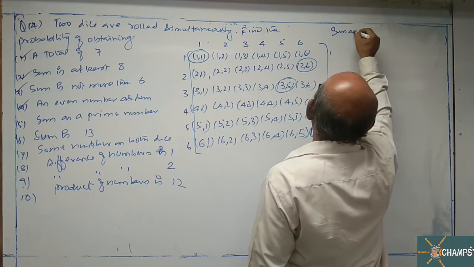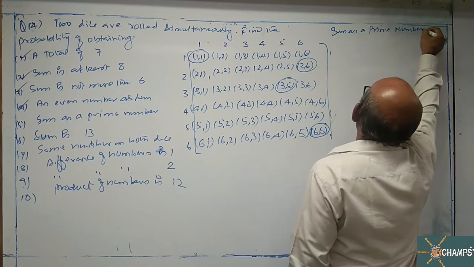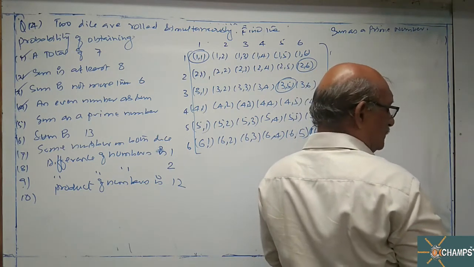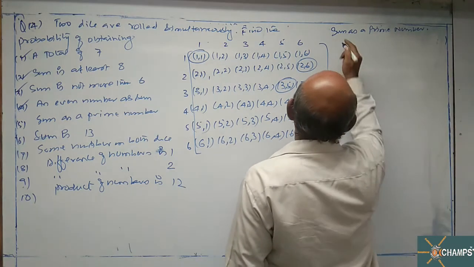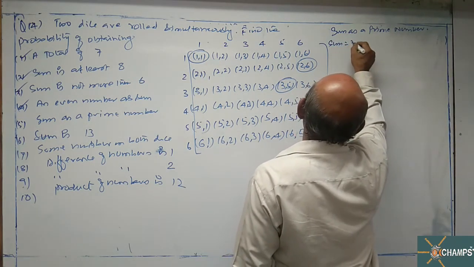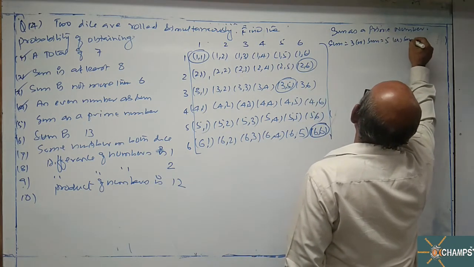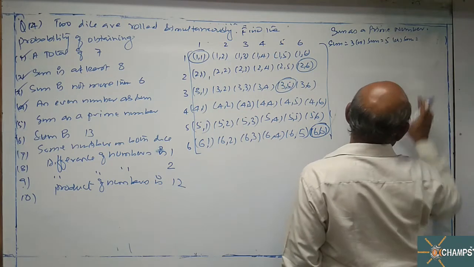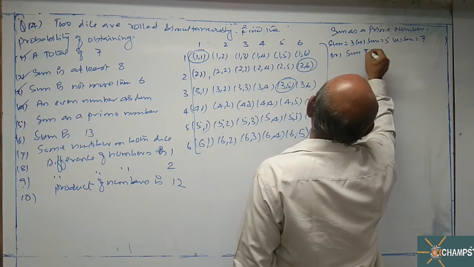Sum as a prime number. It means sum is equal to 3 or sum is equal to 5. Sum is equal to 7 or sum is equal to 11.